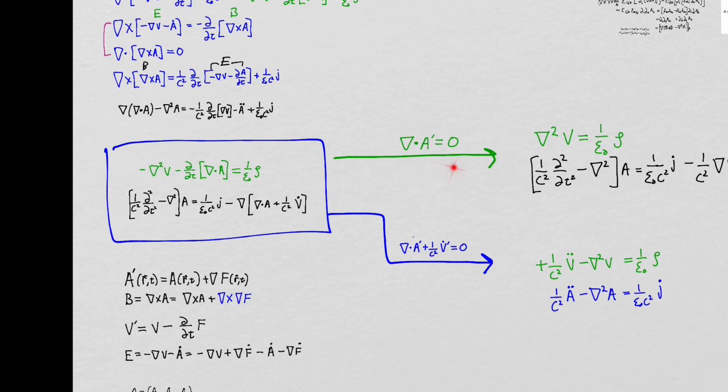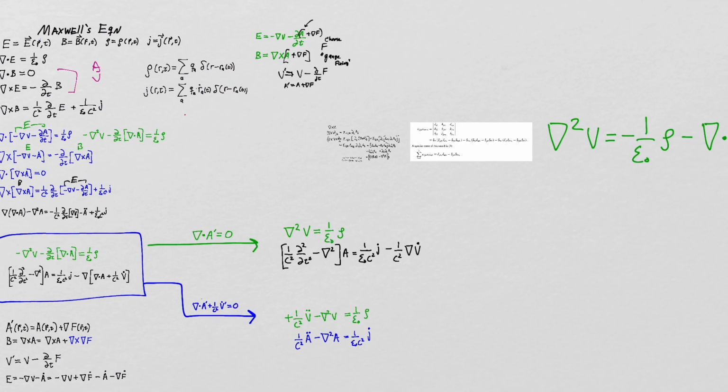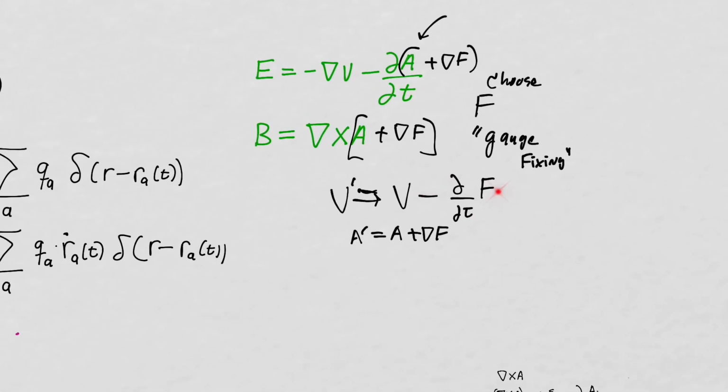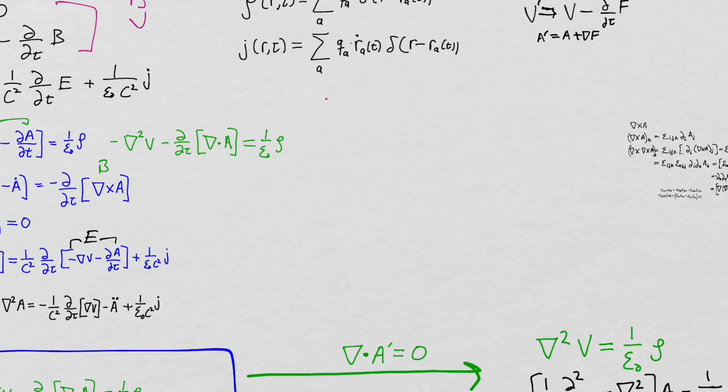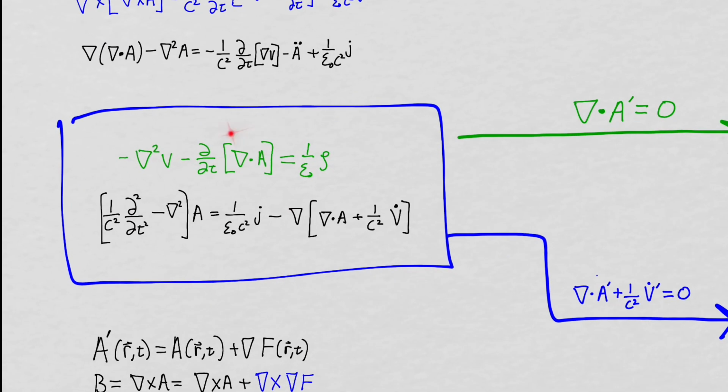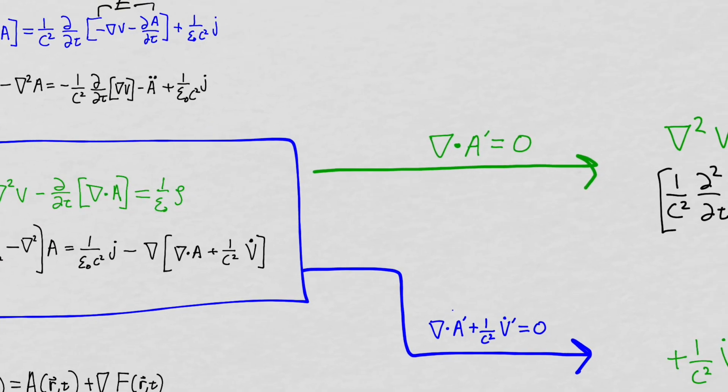Well, let's see if we can nail down those functions. That's equivalent to choosing an f, right? We can choose this f, and if we chose this f aggressively, then we nail down all of the unspecified constants of this partial differential equation.